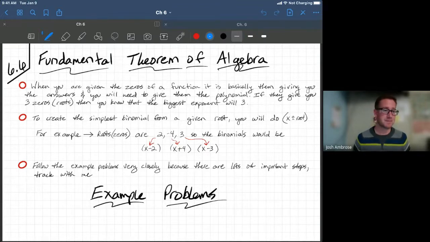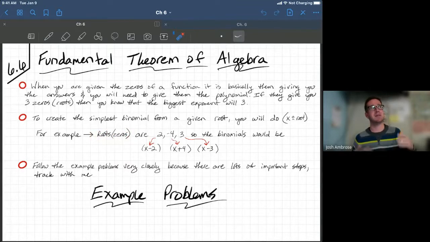Everything there on the page is the basics, your definitions. You're going to be given zeros, either the roots or the zeros, and up to this point those have been our answers.